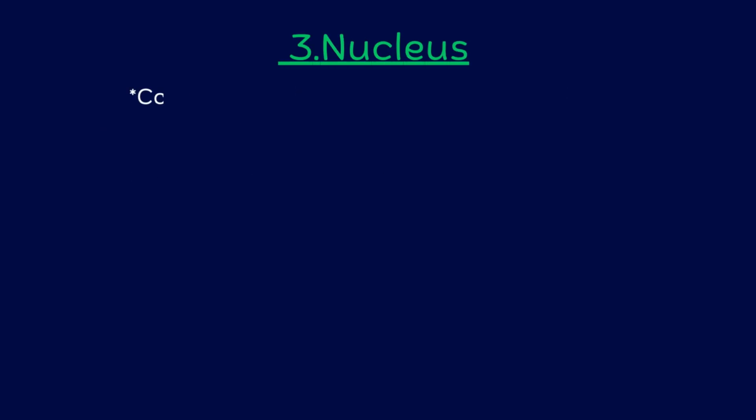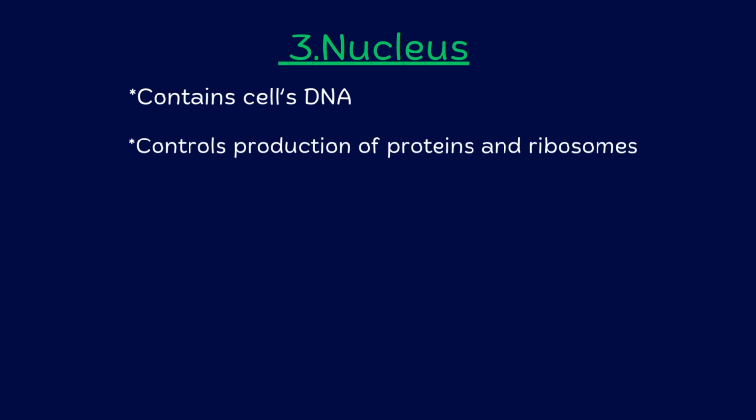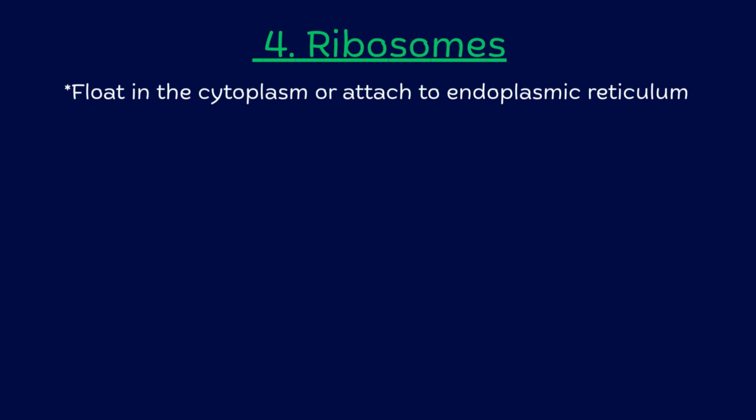The nucleus contains the cell's DNA and controls the production of proteins and ribosomes. Inside the nucleus is the nucleolus, where ribosomes are made. Ribosomes can float freely in the cytoplasm or attach to the endoplasmic reticulum. Their function is protein synthesis.